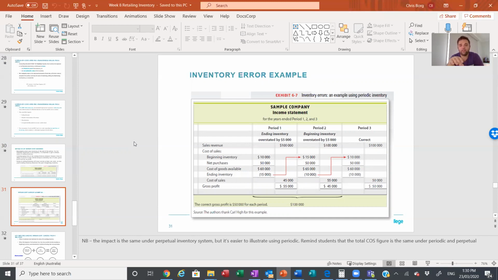Now, the issue is that if that amount is always incorrect, that ending and beginning inventory is going to continuously be wrong. If it's wrong, your cost of sales will be wrong and your gross profit's wrong. Hence why it's really, really important that you're picking up your inventory errors.